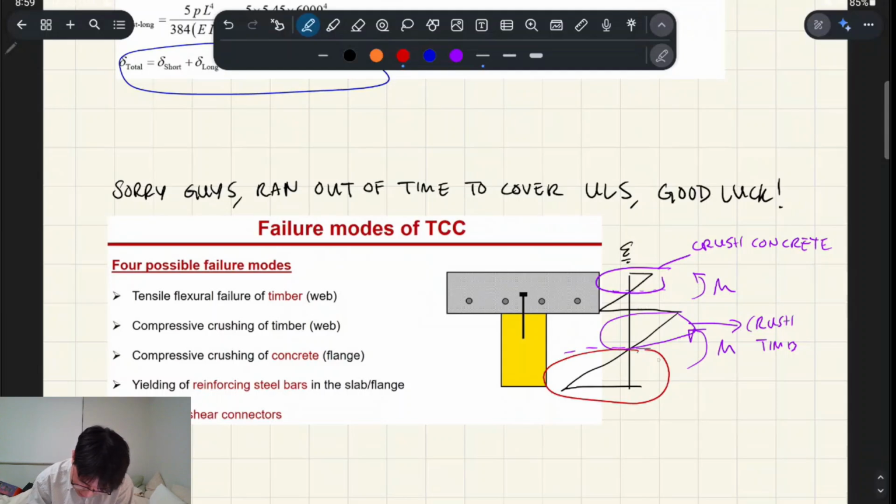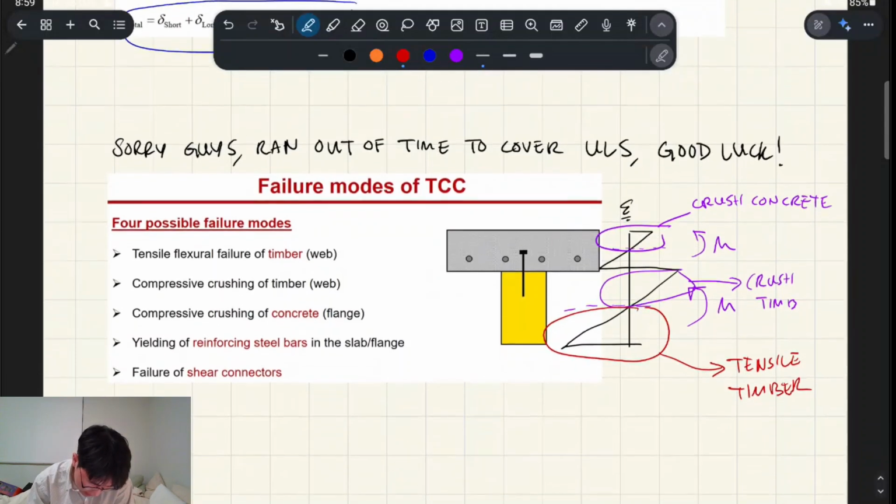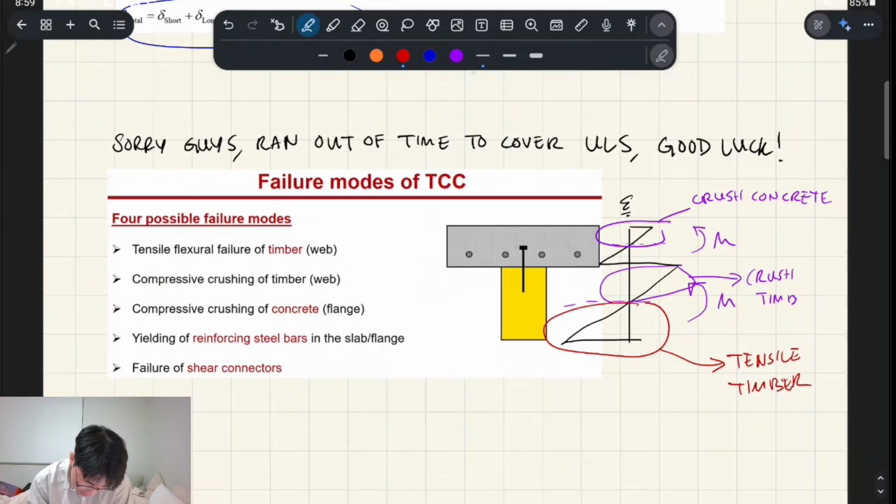Tensile flexural failure is probably this, of the timber. And yielding of the rebar. There. So that'll be that one. Steel. Let's do that. And check that that doesn't go over the limit. FSY.